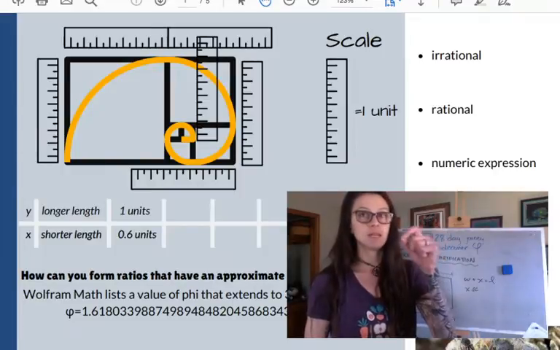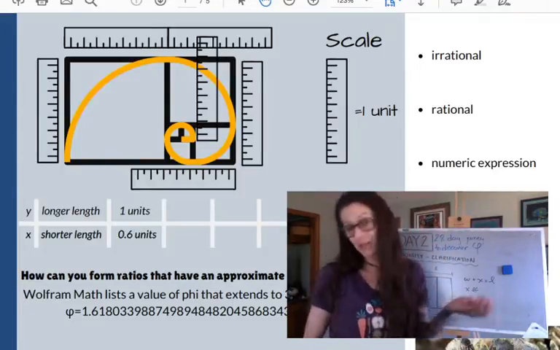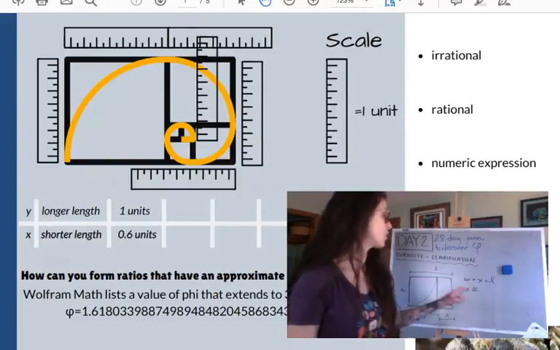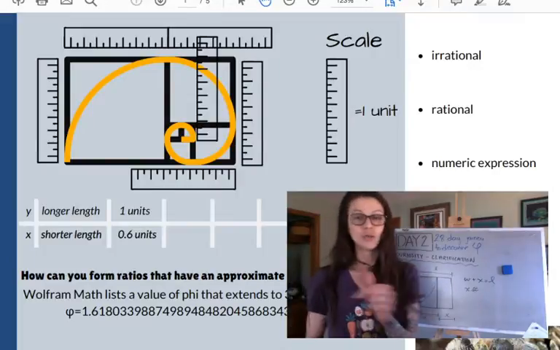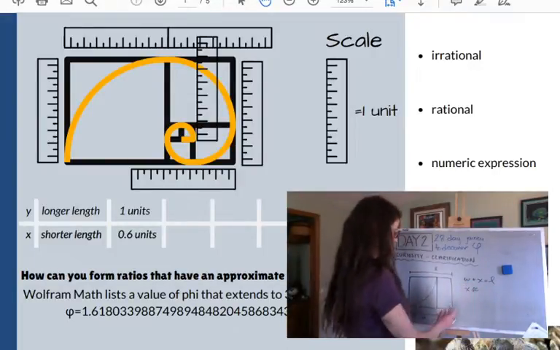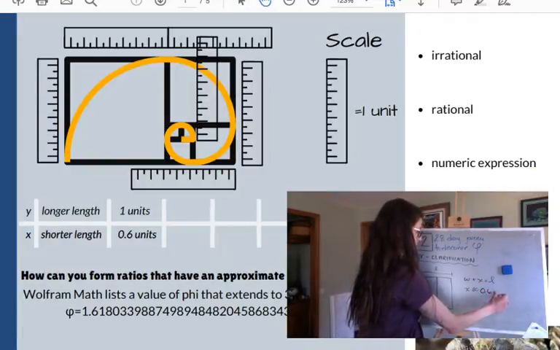A centimeter is not as precise, we can probably get more precise with millimeters, and going beyond millimeters isn't really a necessity for human beings. So going with about 2 or 3 decimal places is more than enough. So we're going to say that this distance is about 60% of the width.